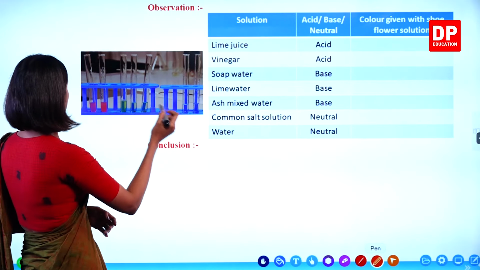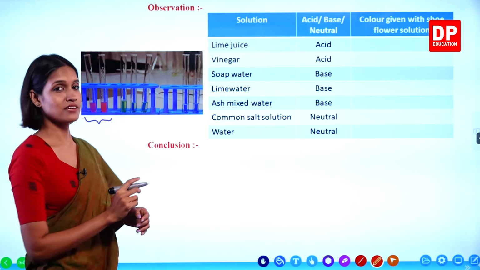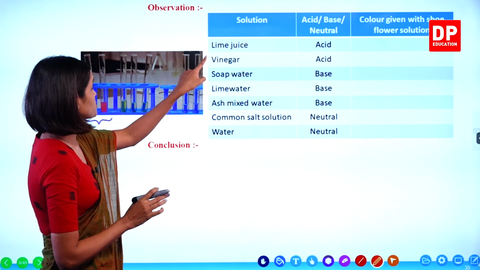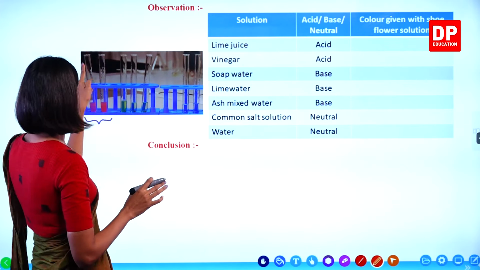Right? So, these are the results. Lime juice and vinegar we used as acids. This is lime juice, this is vinegar, soap water, lime water, ash mixed water, common salt solution and water. Do you remember that I explained this in the lab?